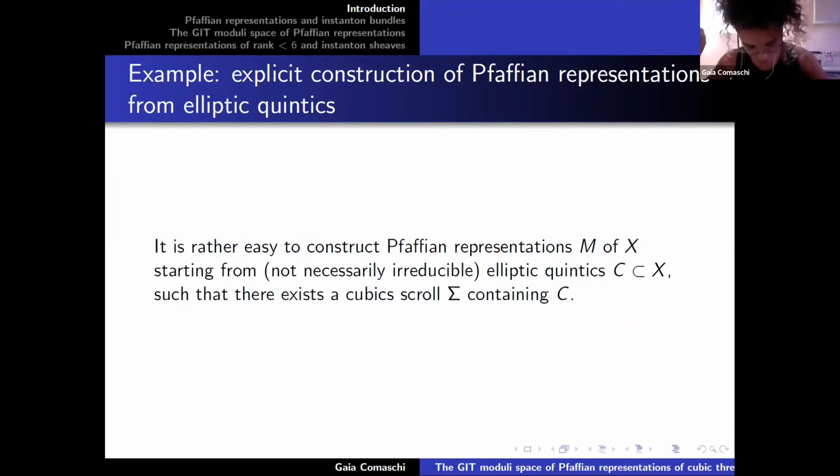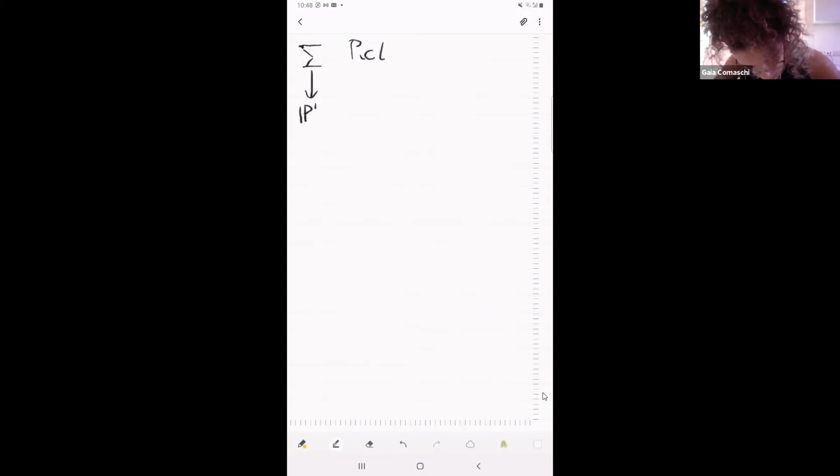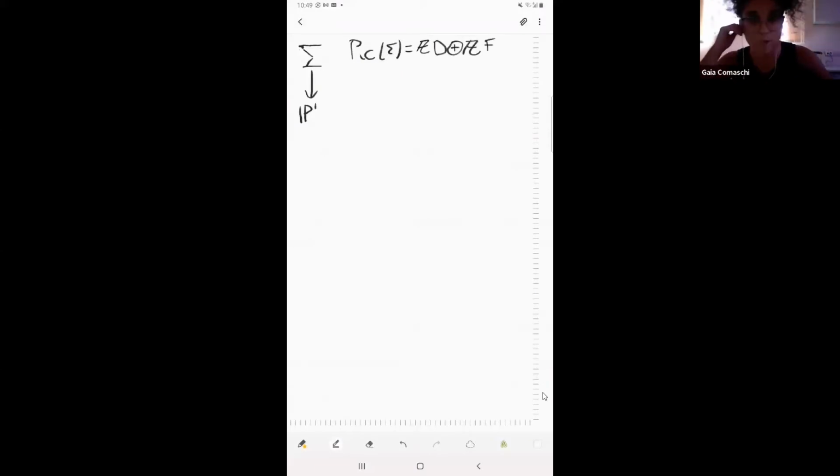Okay, so let's see. So we consider a cubic scroll, sigma, i.e. its Picard group. The generators of its Picard group will be named D and F. F will be the class of a line in the ruling, and D the class of the directrix.